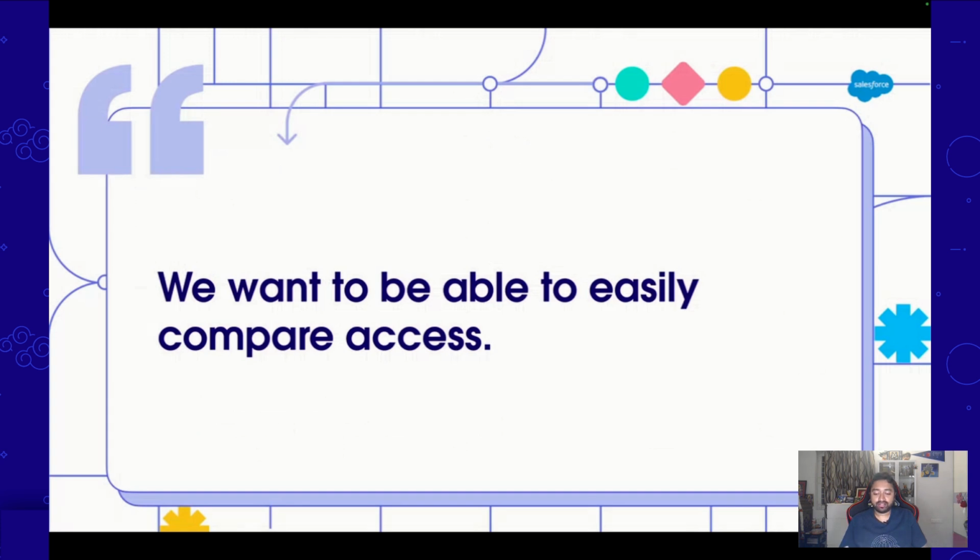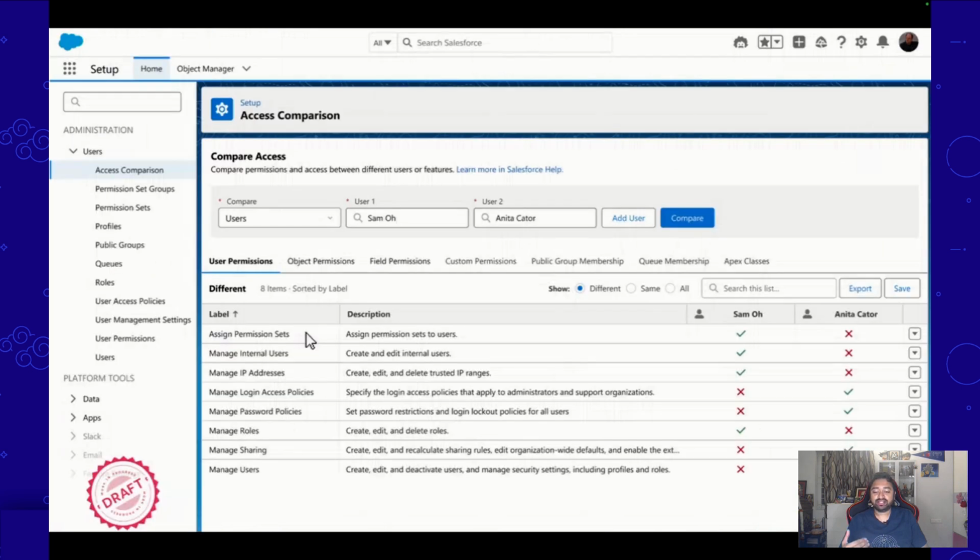Now, the other thing that we are offering is the ability to compare access. So let's say there is one user who's able to see a record versus some other user who's not able to see it, and you want to know why that is happening. So there is a compare access screen that we are giving you. Select these two users, and it's going to show you a comparison of what they're able to access and what they're not able to access, and why.